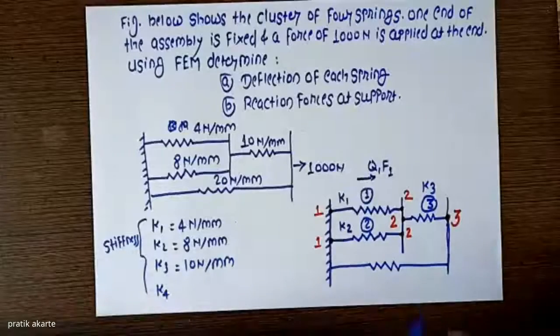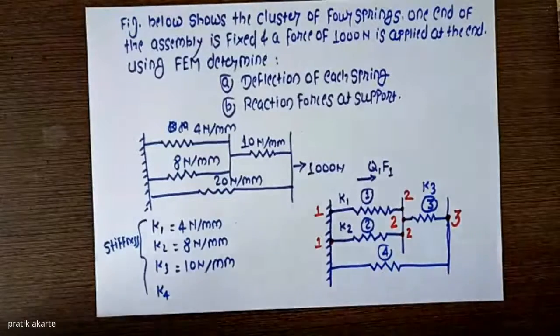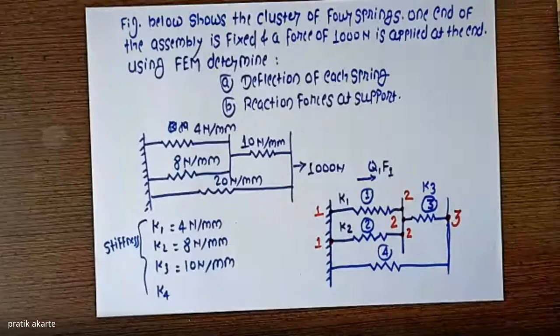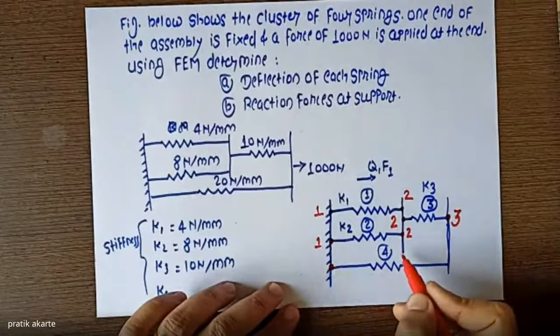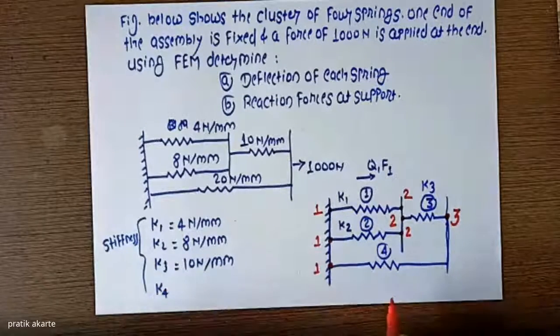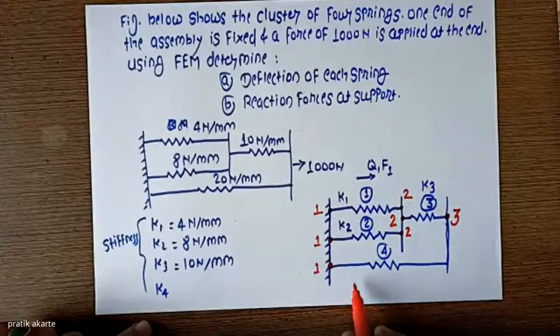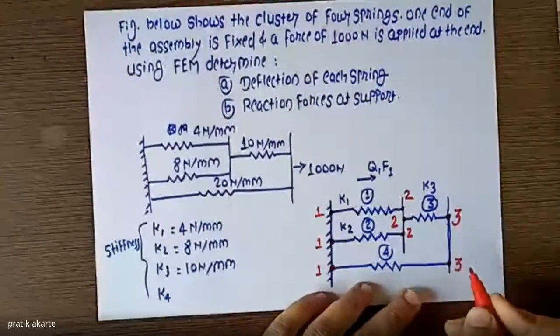Now comes the last element, element number 4. You can guess the node numbers: one end of element 4 is connected to plate 1 and the other end is connected to plate 3.